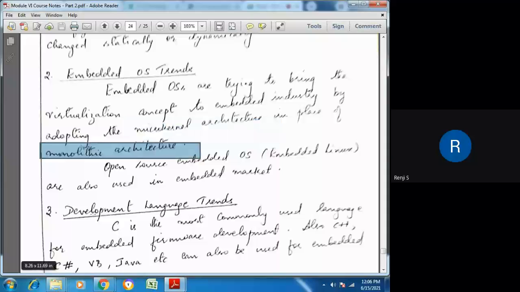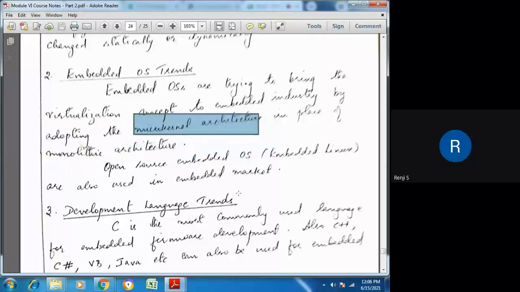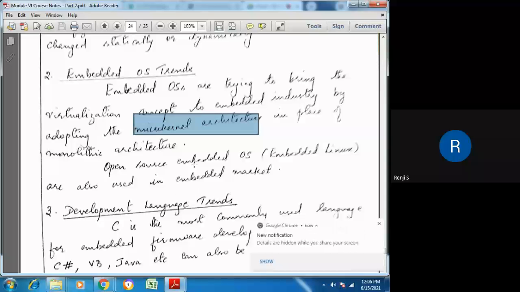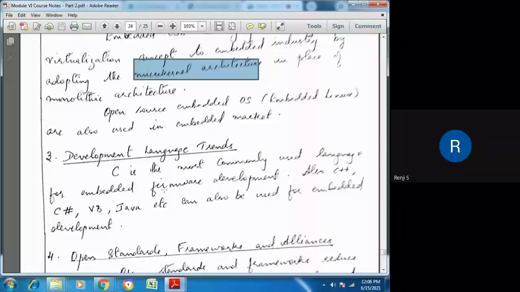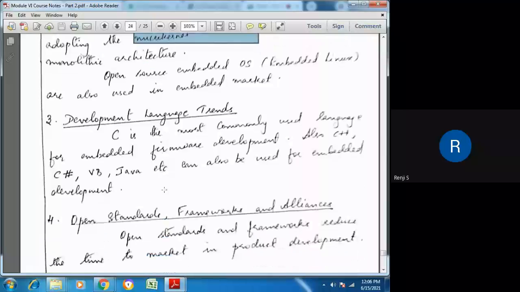It is mostly incorporated into embedded OSs such as QNX, VxWorks, WinCE, etc. All these are embedded operating systems, and they implement microkernel architecture. So that is one advancement in operating systems.